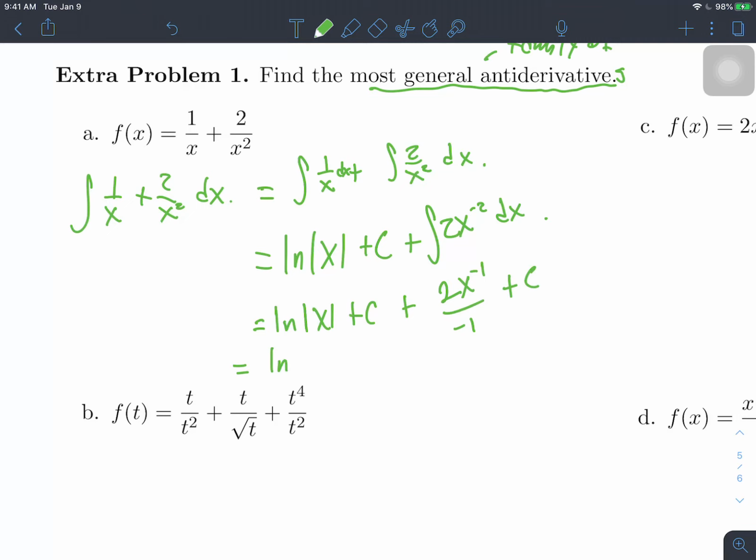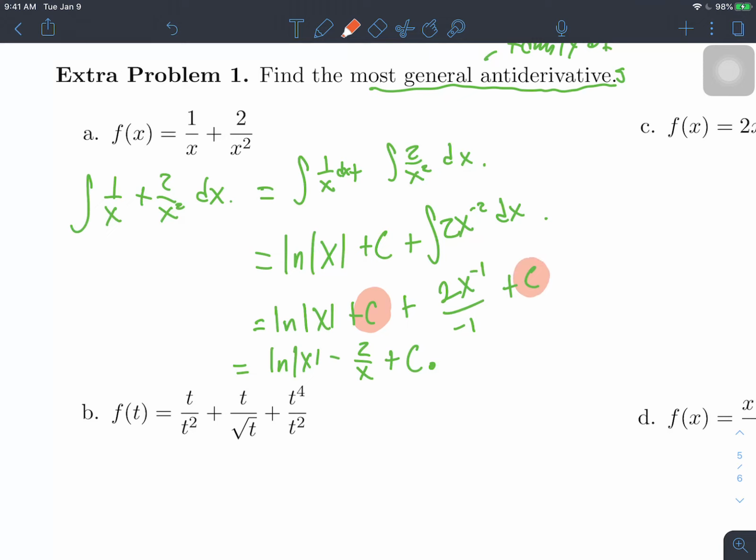So we get ln of absolute value of x minus 2 over x plus c.